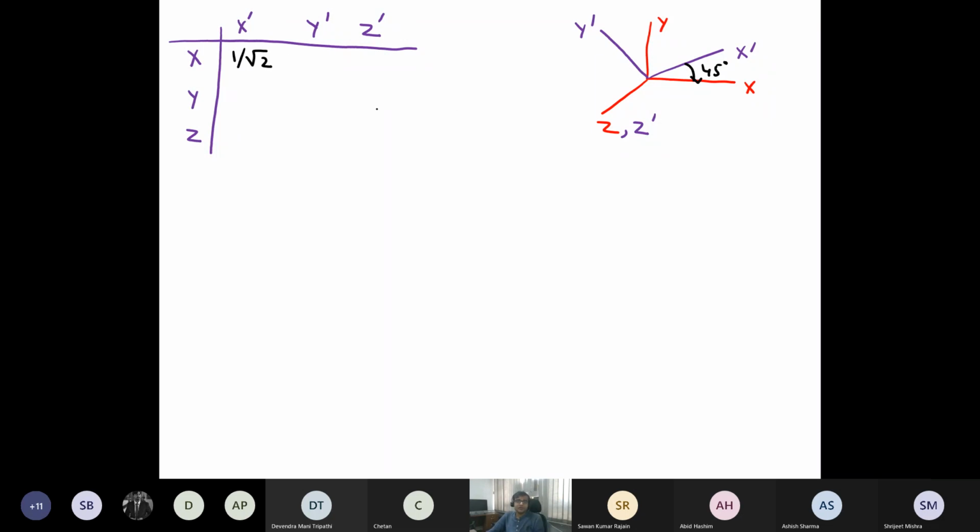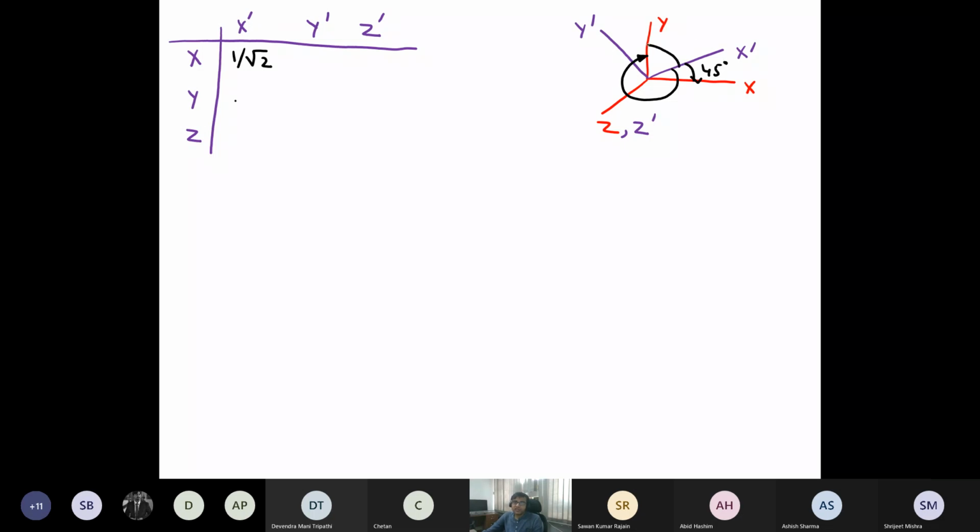So next is the angle between x prime and y. That angle is basically this one, right? So this total angle would have been 360 degrees from x prime to x prime.